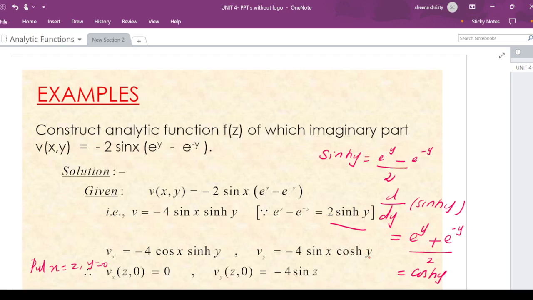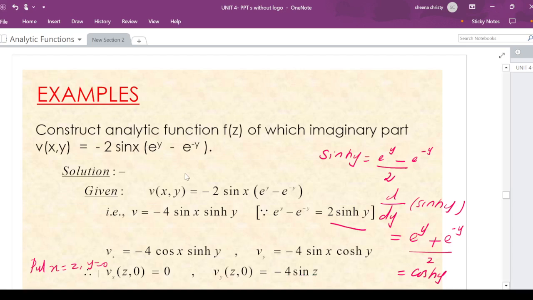Next, cosh y with y equal to 0 gives (e^0 plus e^0) divided by 2, that is (1 plus 1) divided by 2, which gives 1. Therefore, putting x equal to z, Vy of (z, 0) is minus 4 times sin z.